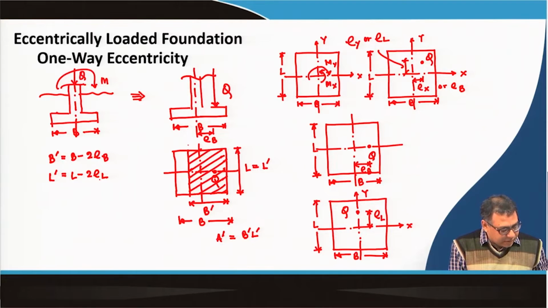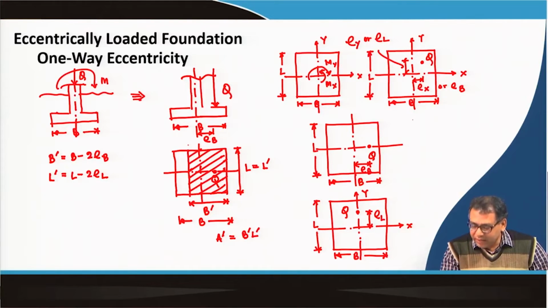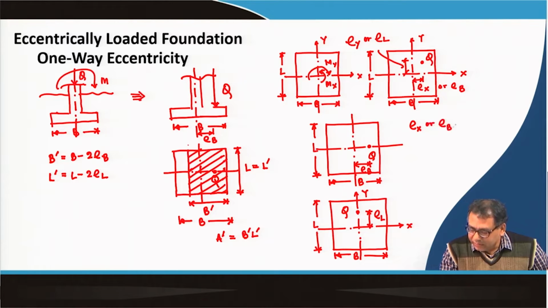So, now how in terms of moment can we calculate the values? Suppose we have a moment m x and m y. Okay. So, my E x or E b will be equal to m y divided by q.